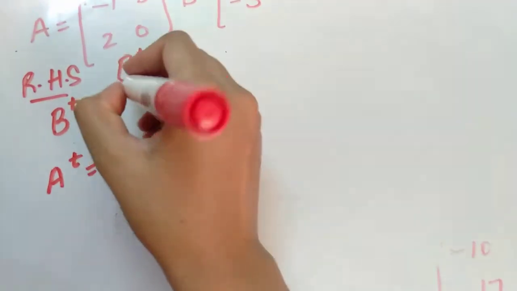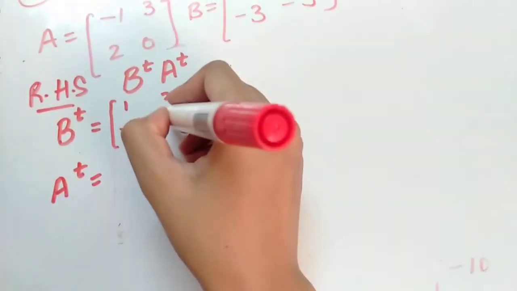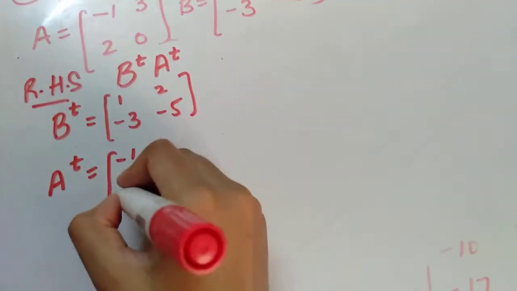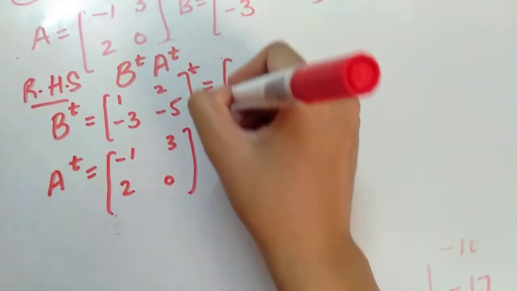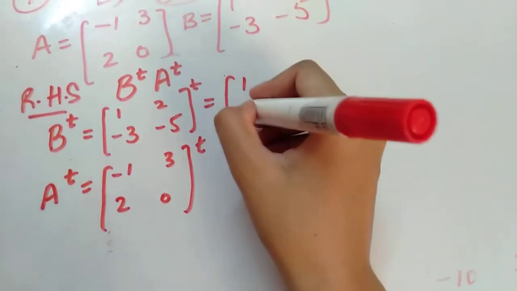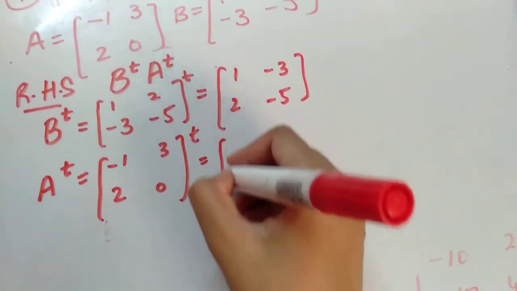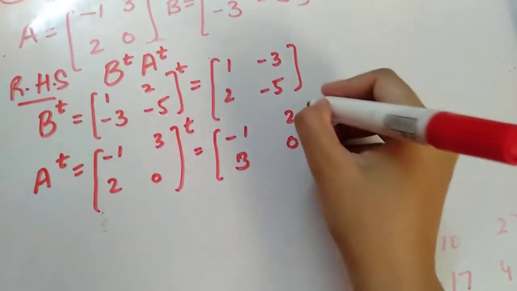Let me write B first: 1, -3, 2 and -5, and A is -1, 2, 3 and 0. Now we take their transposes: B transpose is 1, 2, -3 and -5. Transpose of A will be -1, 3, 2 and 0.